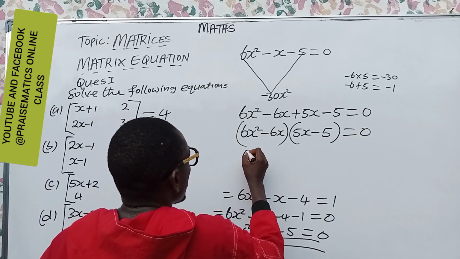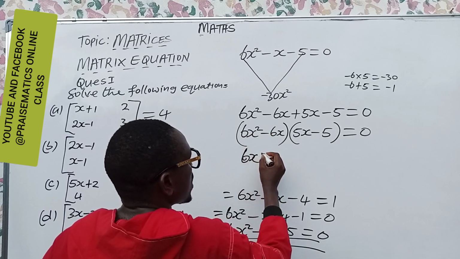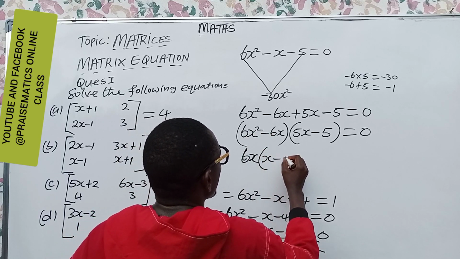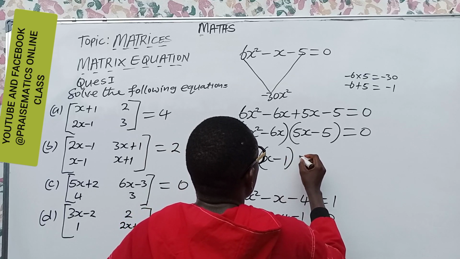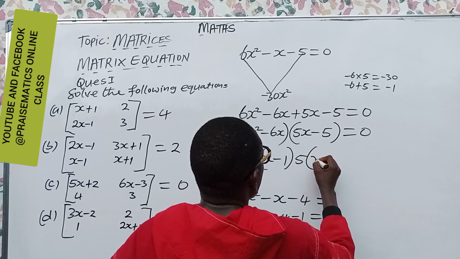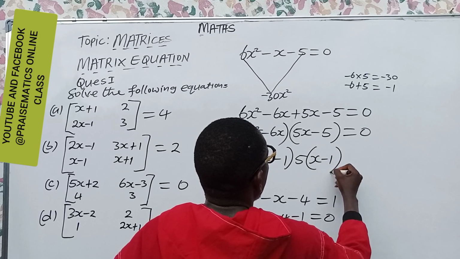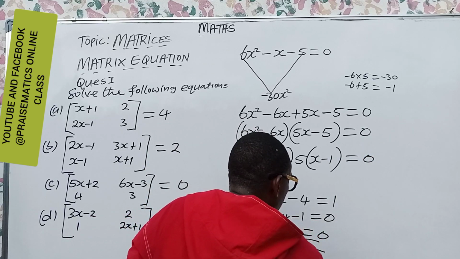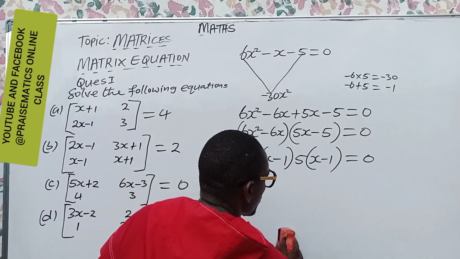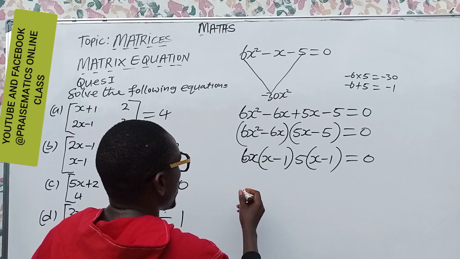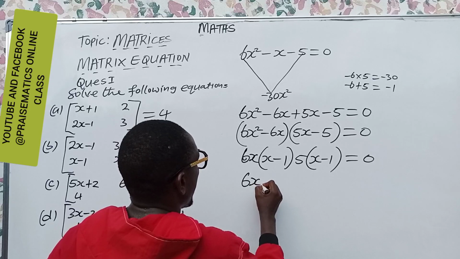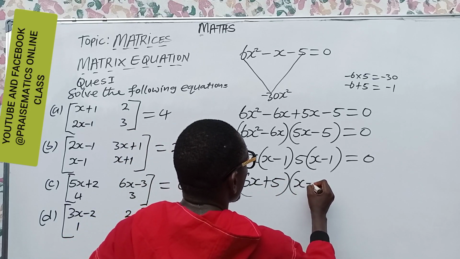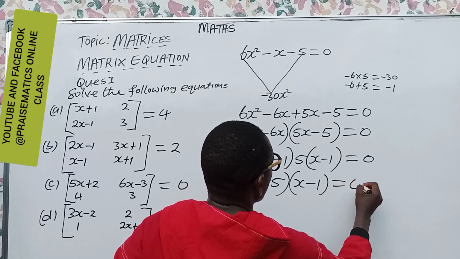Now factor 6x out, which is 6x into x minus 1, plus 5 into x minus 1, all equal to 0. So having done that, we continue here, which is 6x plus 5 into x minus 1 equal to 0.